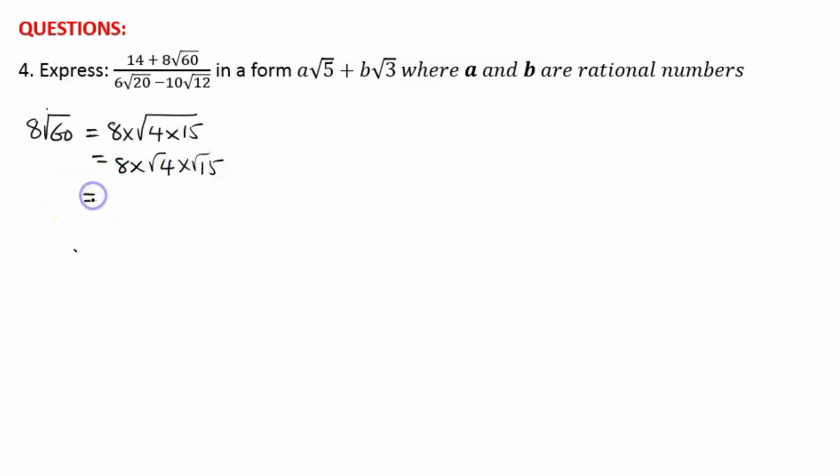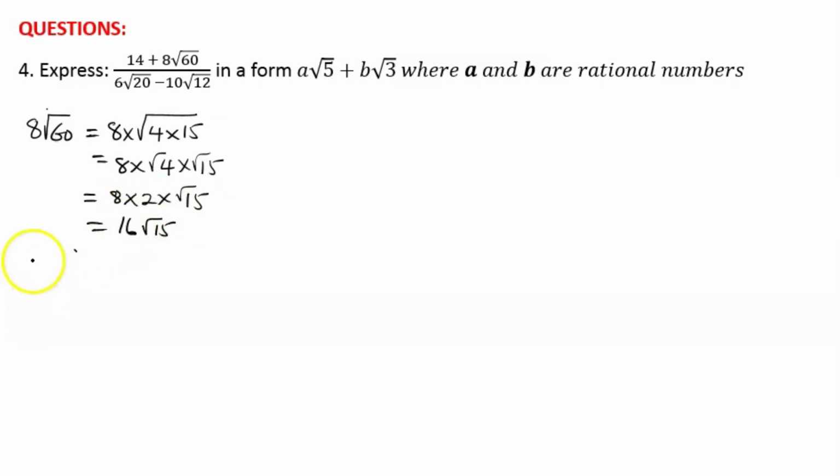The time is coming that we are not going to be showing all these details. We just write the answer, because I believe we know what to do. Square root of 4 is 2, and 8 times 2 is 16, then root 15.